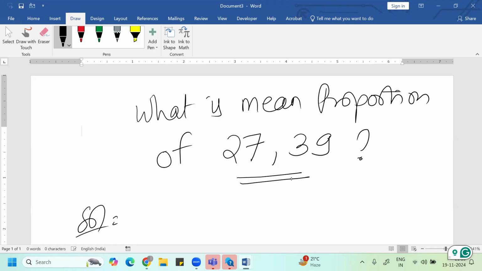So how will you solve this, guys? Simple, don't use much of your brain. The mean proportion of 27 and 39 is what?